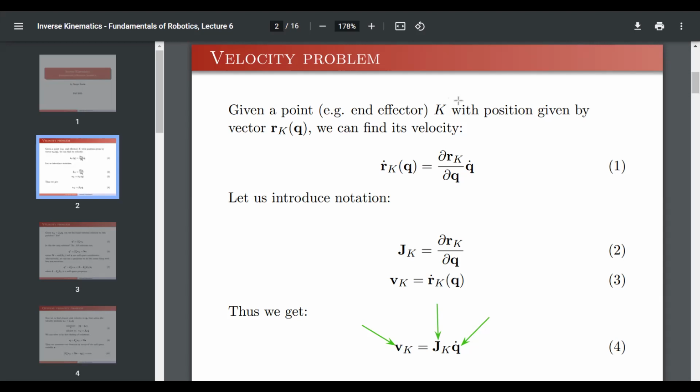So sometimes we instead use the word generalized velocities or generalized coordinates. Generalized implies the Lagrangian notion of generalized coordinates, which is a minimum set of parameters that completely defines the position of the system of rigid bodies.